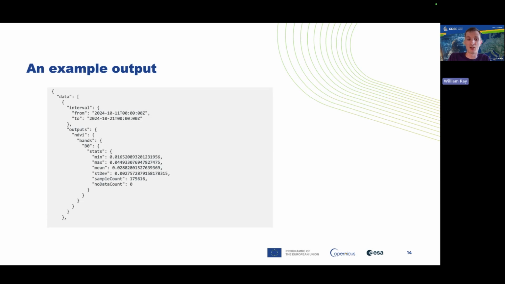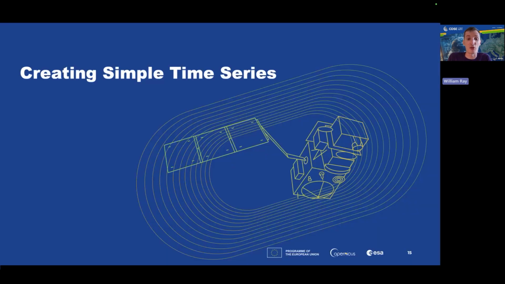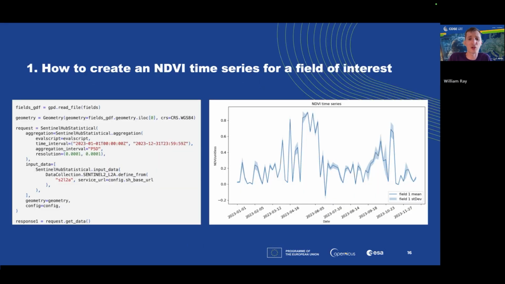Okay. So next, we're going to look at how we can create some simple time series. I've got a few requests and a couple of different Evalscripts to show you in these worked examples. So firstly, how to create an NDVI time series for a field of interest. We have our fields defined here.